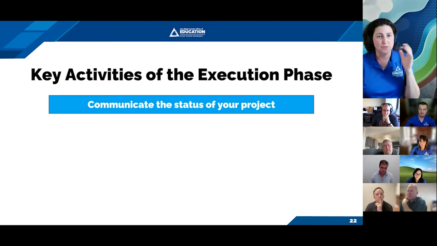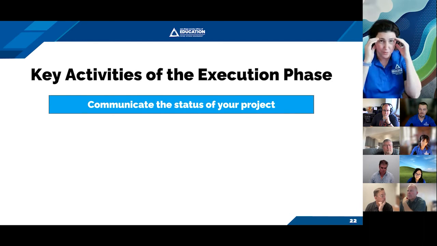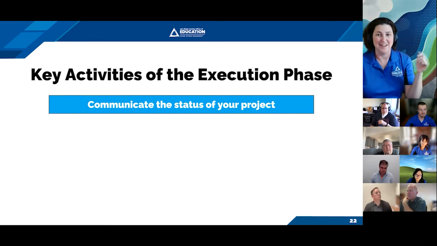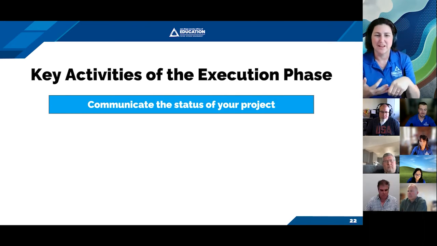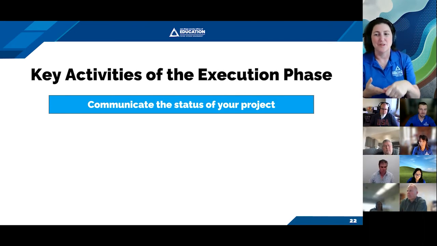Next, we're doing all these things, and oh my gosh, we have to communicate about it as well, right? So we have to be able to prepare and send status reports. In those status reports, we're generally going to have what we've accomplished, what we're working on, what's coming next, and any risks that we've identified since the charter and how we're mitigating those.